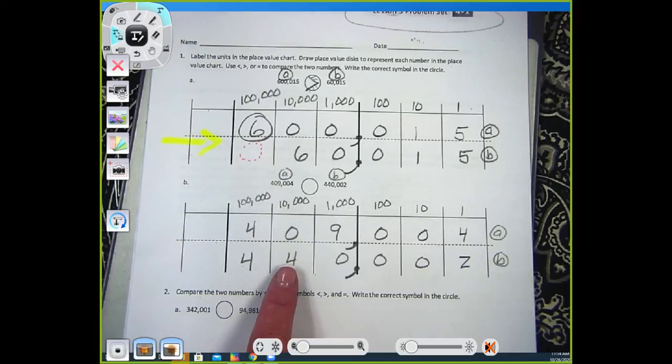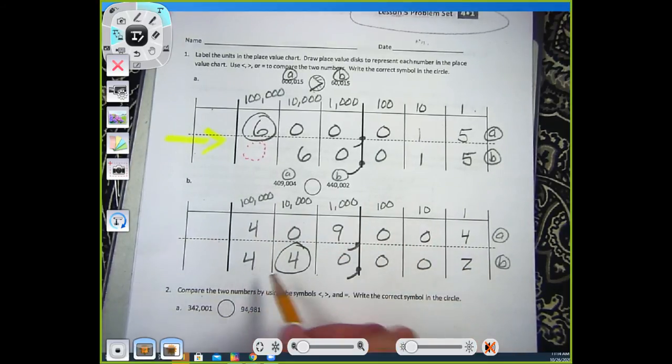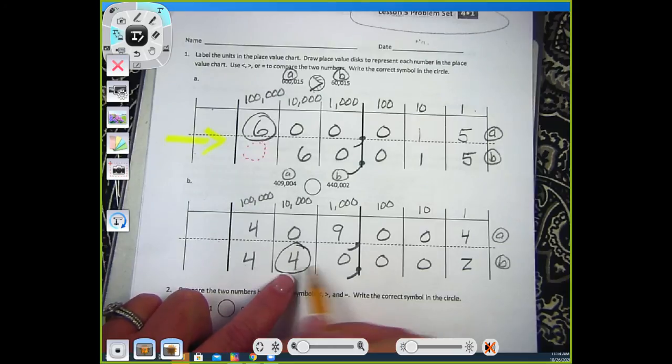What do you notice, Amy? What number do I have here, Amy? 0. What number do I have here? 4. Which one's bigger, 0 or 4? 4. Perfect. So I want the opening to go towards this number, B, right?